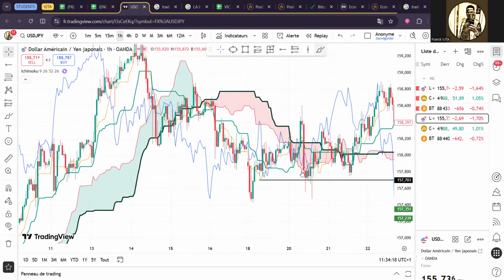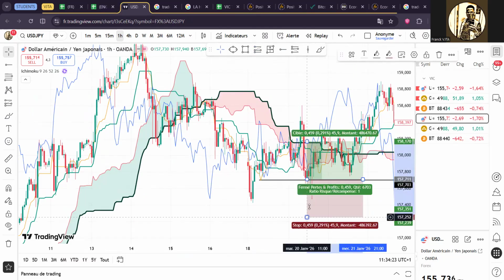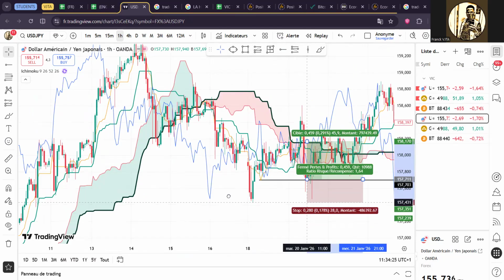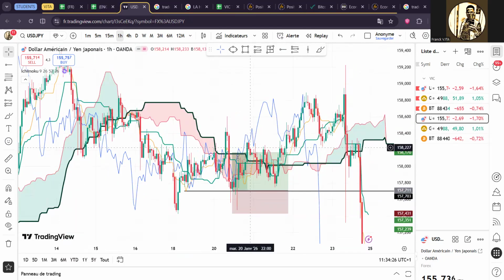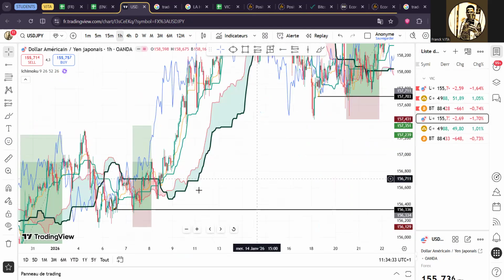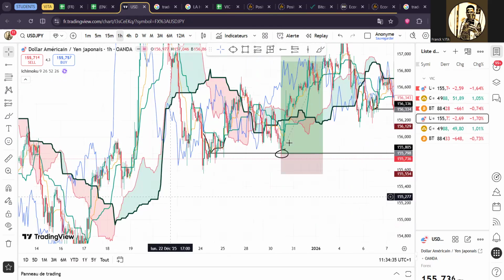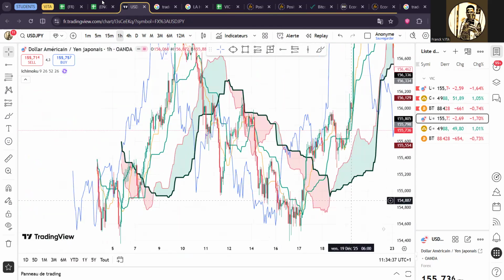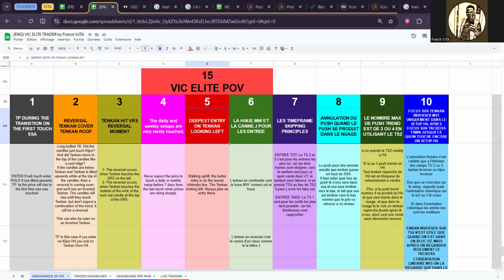So during the transition, you can actually buy at that level and place your stop loss just below the V here, just below this V, and then have your buy. That is one of the deepest entries. Let us now take the next one, the number 6.